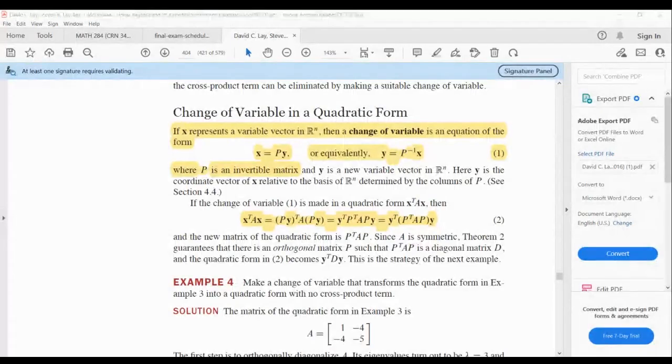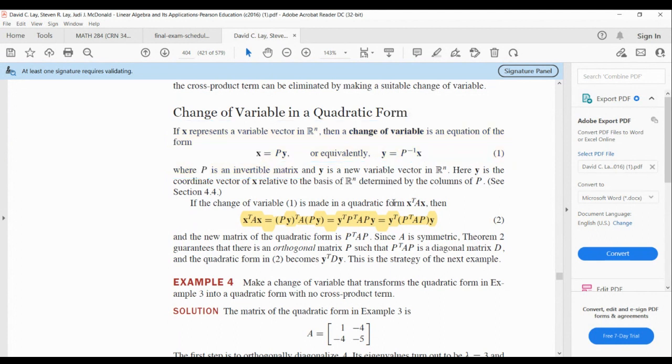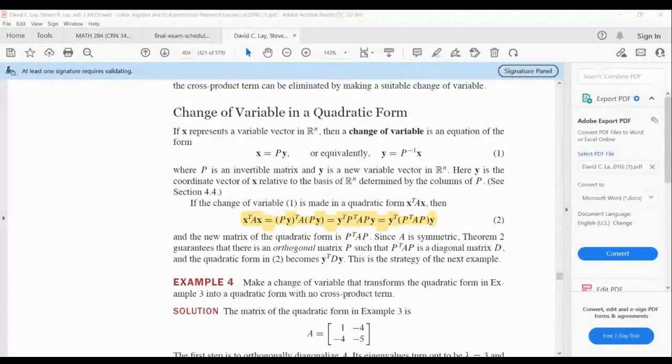It turns out that if you take x transpose times A times x, when you work it all out with the properties of transposes, I'm looking at formula 2 now: the transpose of a product is the product of the transposes in reverse order.